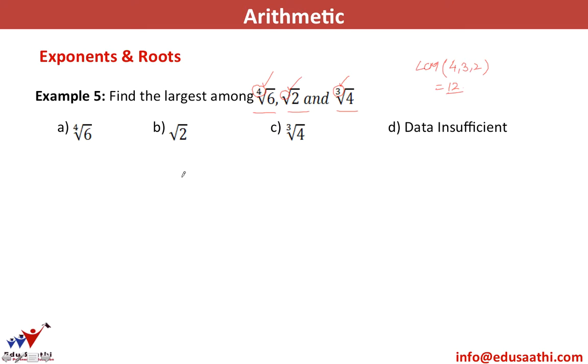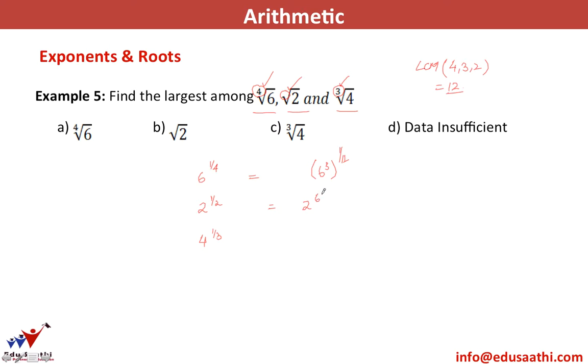I'll try to make everything in the powers of 12. So if you have 6 and the 4th root of it, if I just look at it, this is 6 to the 1 by 4. This is 2 to the 1 by 2, and this is 4 to the 1 by 3. So I'll try to make the outside power as 1 by 12. This will be 6 cubed, since 12 and 4 get cancelled out to give you 3.